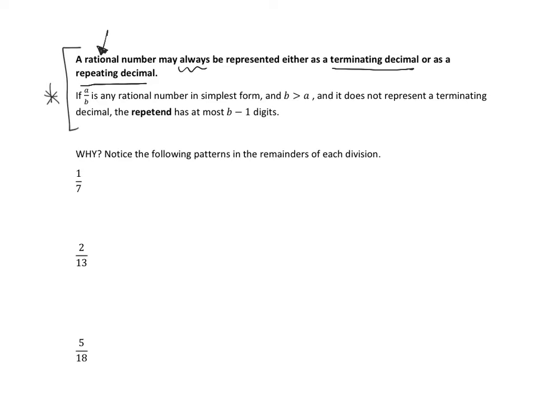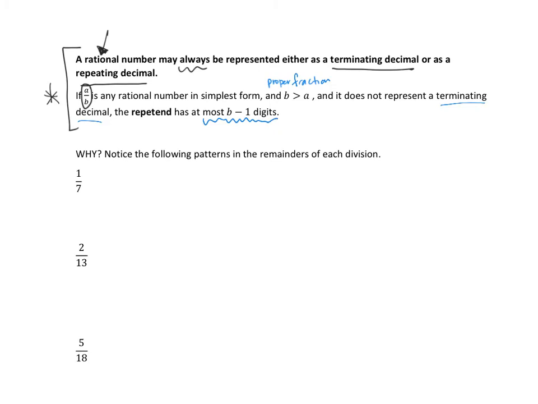So if we have any fraction a over b in its simplest form, and b is bigger than a, in other words, we have a proper fraction because the denominator is bigger, and it does not represent a terminating decimal, meaning that the denominator is not just 5s and 2s, then the repetend can have at most b minus 1 digits.